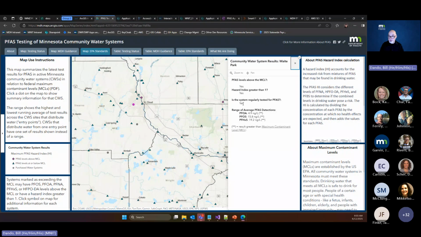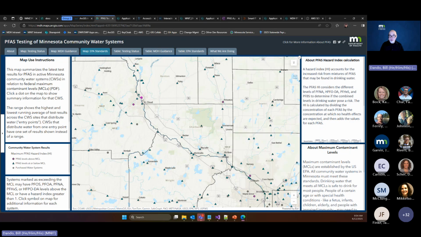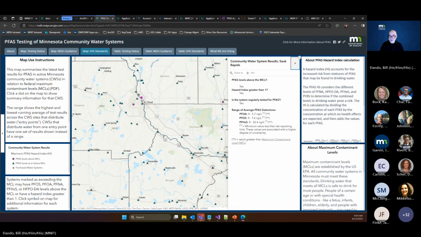That was more of a thing before we entered the current phase. But you can see which analytes were flagged. And you can see specifically that they have footnoted results greater than the maximum contaminant level. I actually clicked on the wrong one. Well, close enough.